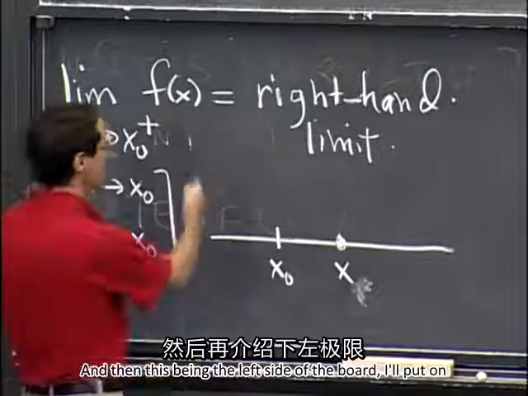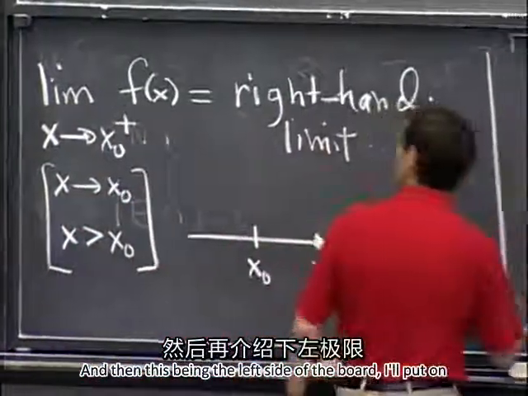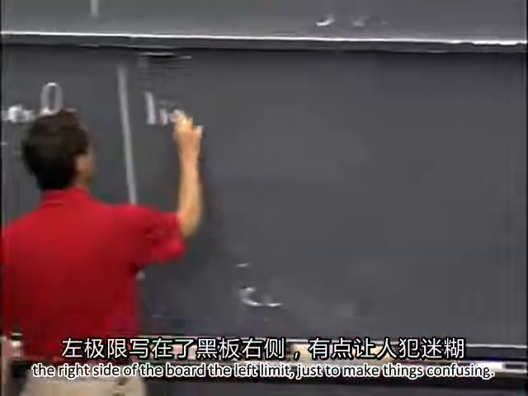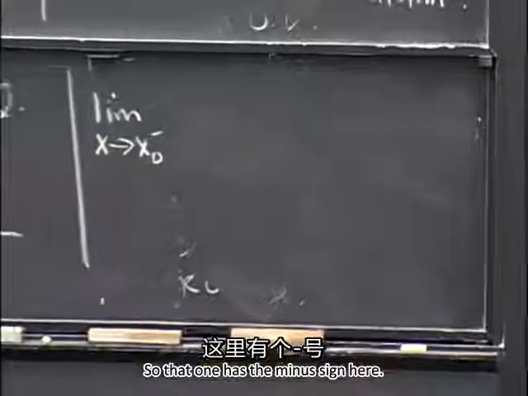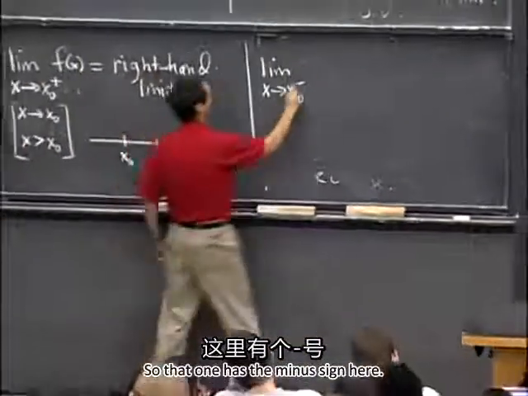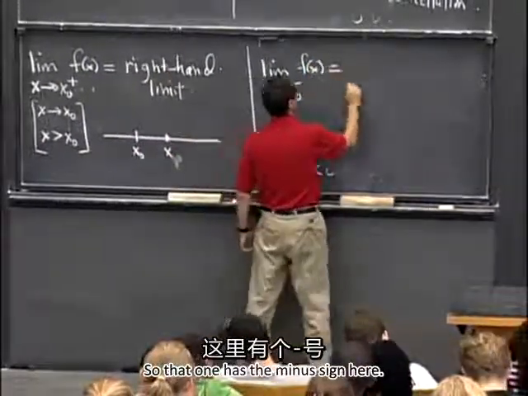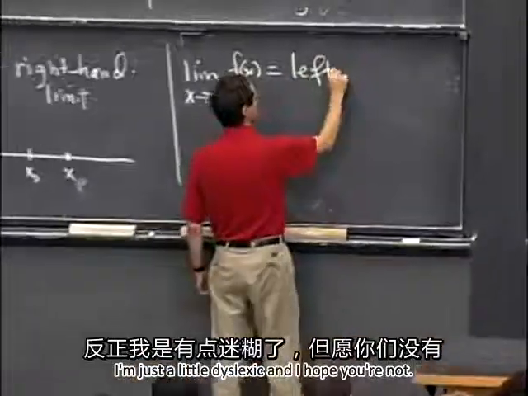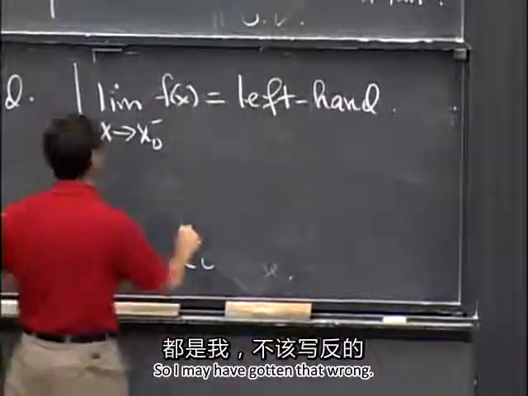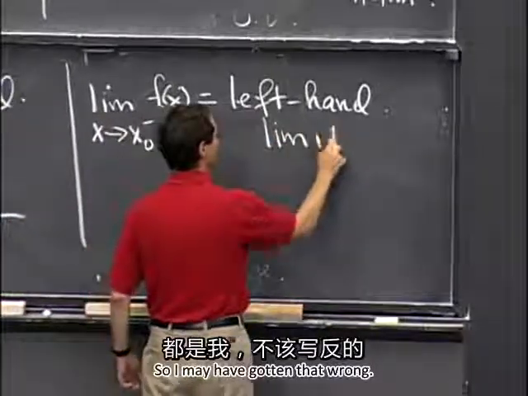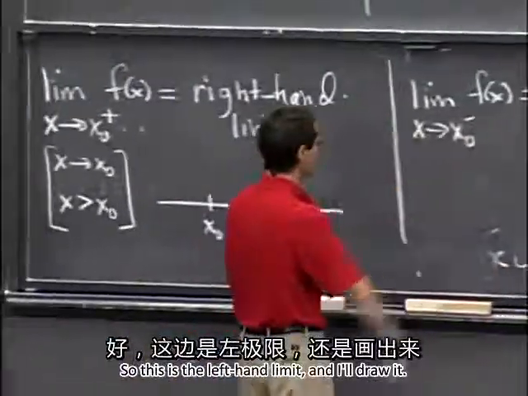And then this being the left side of the board, I'll put on the right side of the board the left limit, just to make things confusing. So that one has the minus sign here. I'm just a little dyslexic, and I hope you're not. So I may have gotten that wrong, but okay. So this is the left-hand limit.